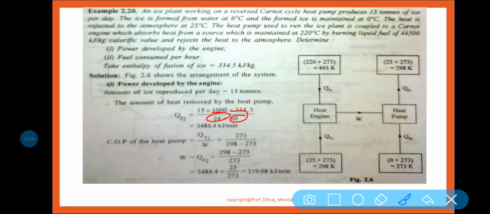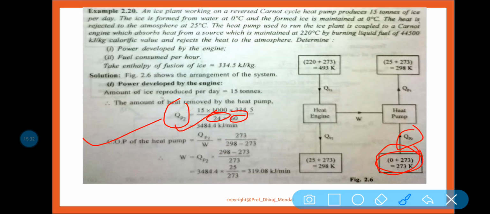Okay, clear? So QP2, that means in case of heat pump, this amount of heat is extracted. Okay, this amount of heat is basically removed. So this QP2 is 3484.8 kilojoule per minute.